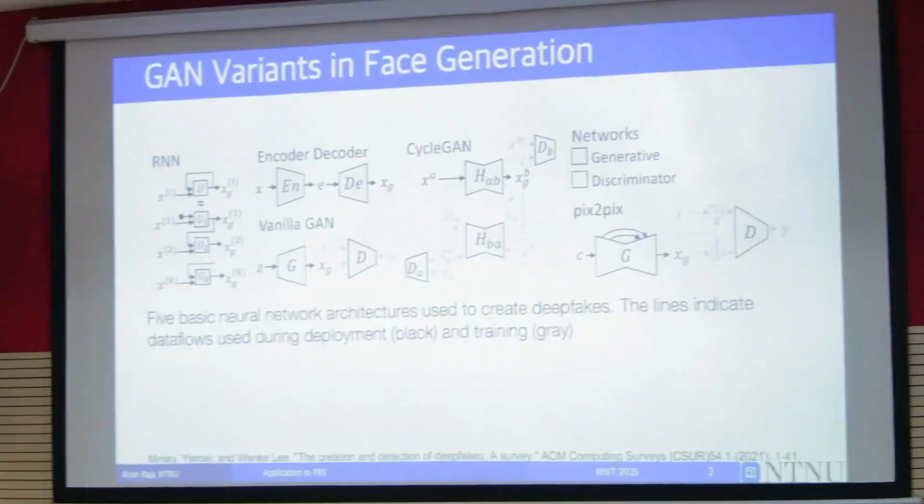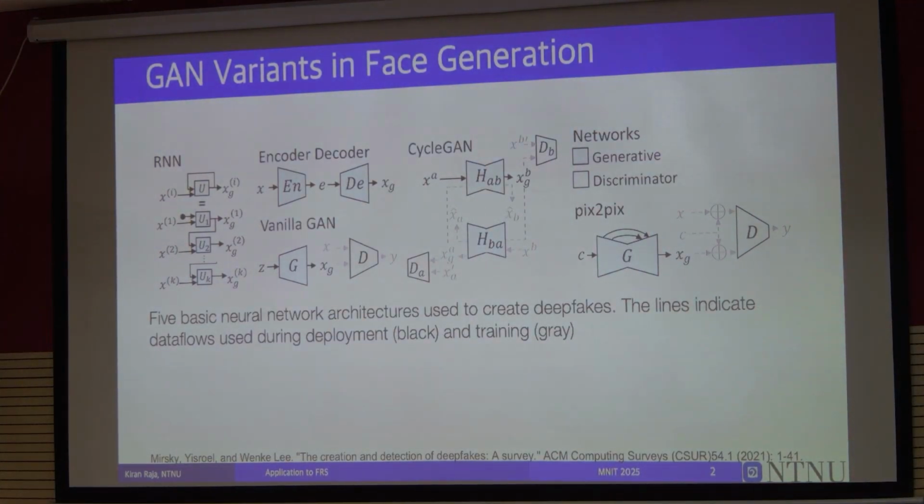Now let's do a quick recap of everything that we have been talking about. We have networks such as RNNs, which are used heavily in creating deepfakes. Then you have the encoder-decoder networks, which can be your variational autoencoder, simple autoencoders, and other kinds such as VQ autoencoders, VQ variational autoencoders, and so on.